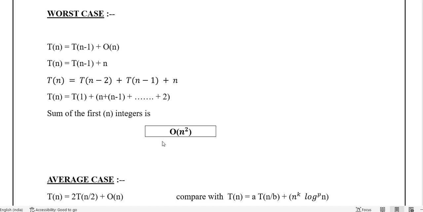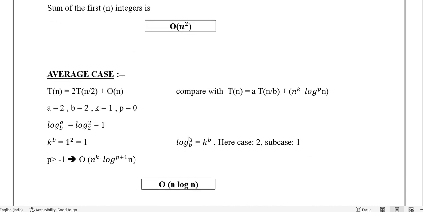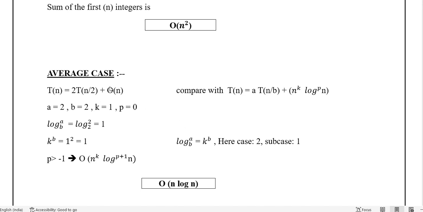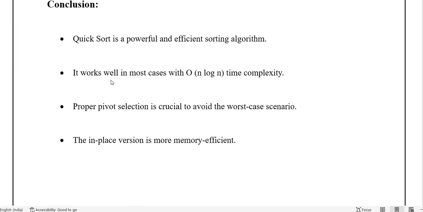So finally, the worst case time complexity of quicksort is O(n^2). I have discussed the best case; the average case is similar, so I won't explain it now.